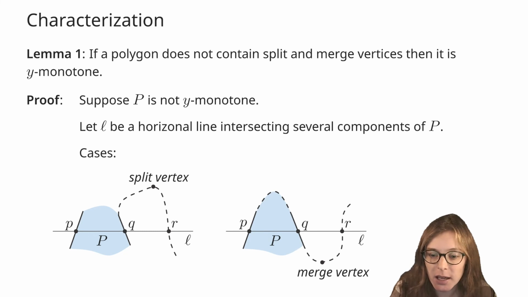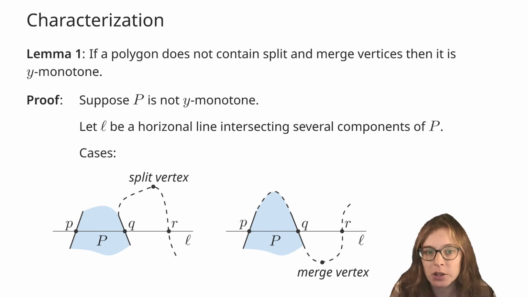And in this case, there must be a merge vertex on the segment of the boundary between vertices Q and R. In both cases, we get either a split vertex or a merge vertex on the boundary of the polygon. Thus, if a polygon does not contain split and merge vertices, then it is y-monotone.